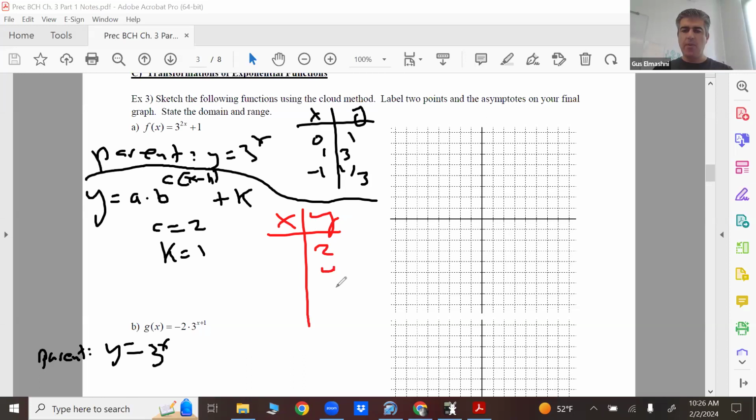So 2, 4, and 4/3. That's kind of part of the table method, right? Because you have to add 1 to these. What do you do about x? If there's a 2 being multiplied, you divide by 2, guys. Yep. 0, half, negative half.